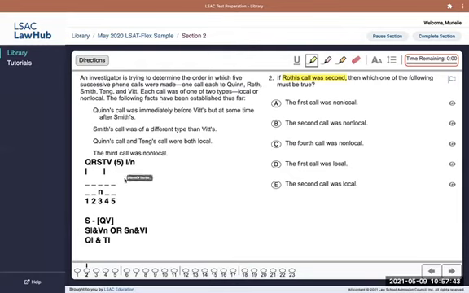How do we take that information and deduce the correct answer, which has to have something to do with local, non-local? All of the answer choices deal with that. So R is second. What is that going to tell me about any of the other players? That's my first question.